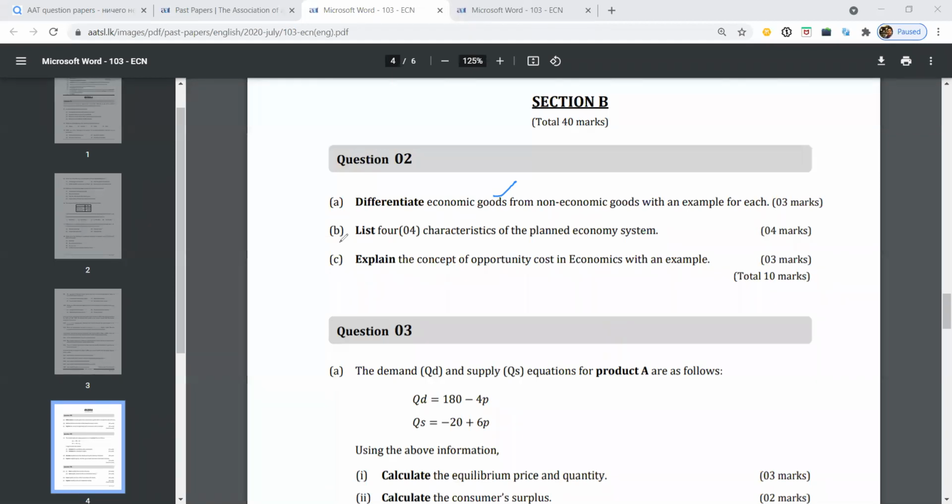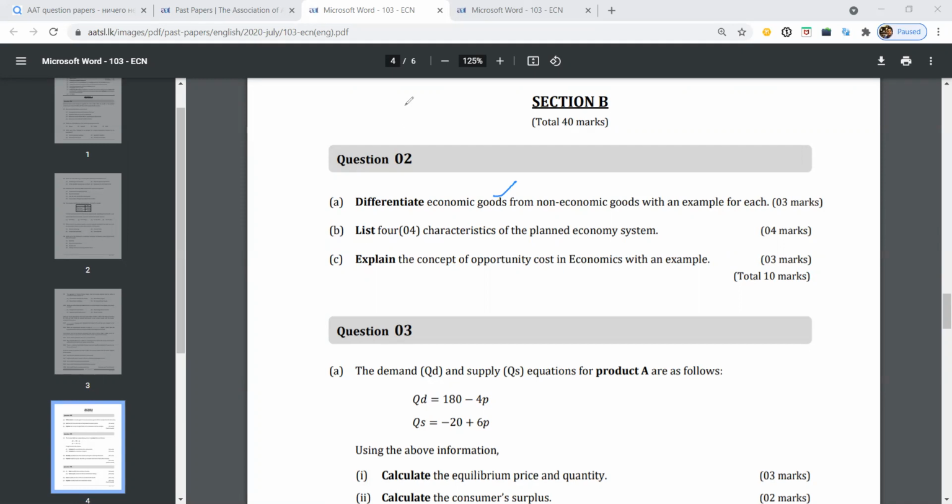For example, when the government allocates resources for the construction of a school, the government is unable to provide resources for the construction of a highway. So the opportunity cost is the sacrificed project, the highway. It is called opportunity cost.